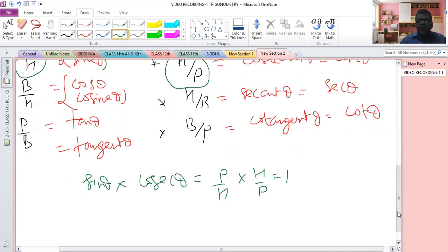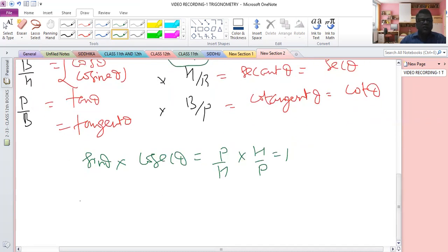Okay, so that is why we can say sine theta and cosecant theta are reciprocal to each other.